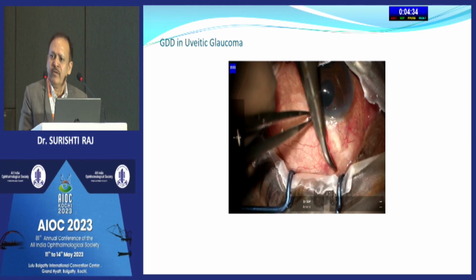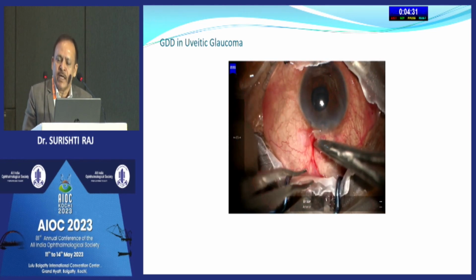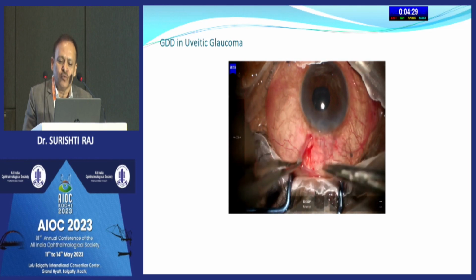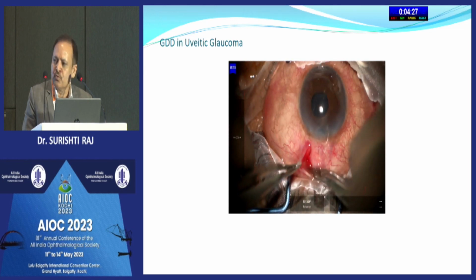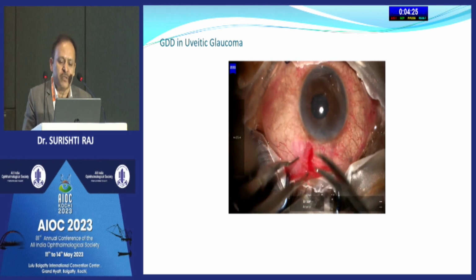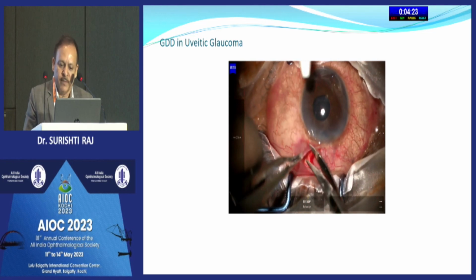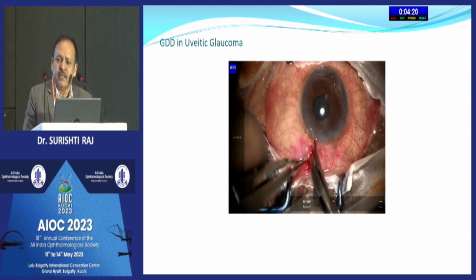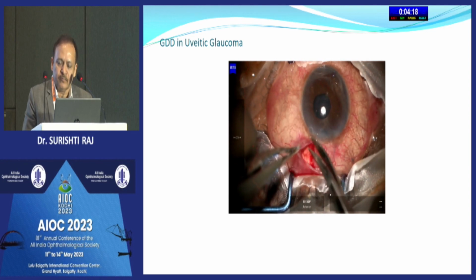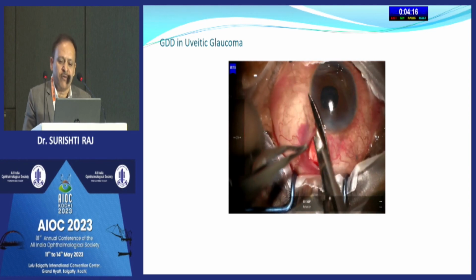Make a liberal flap, and as far as possible, use non-tooth forceps, or hold the Tenon with tooth forceps whenever possible, and take care that there is no button holing of the conjunctiva.